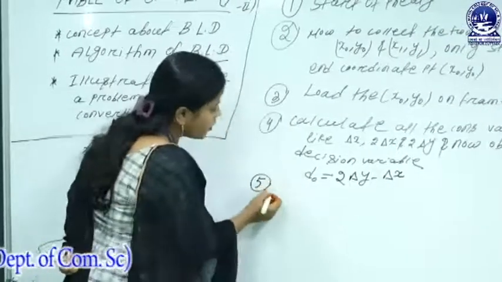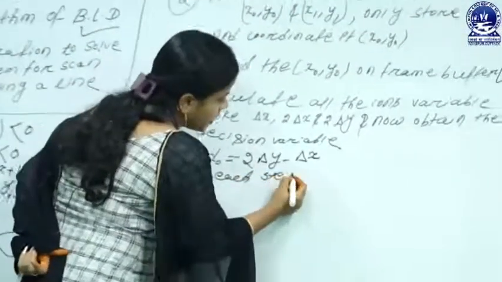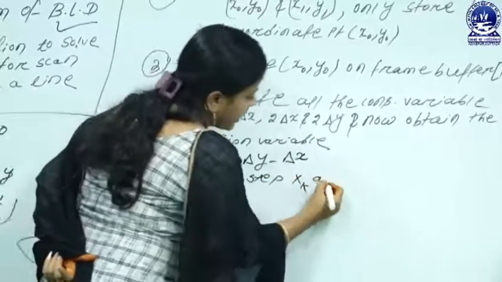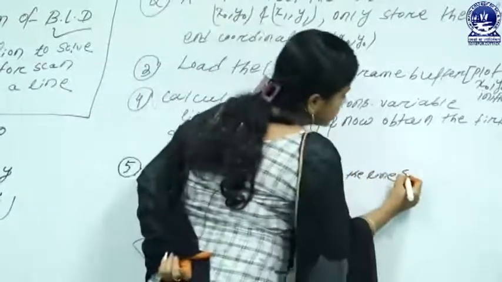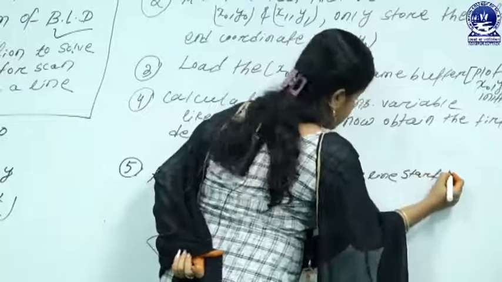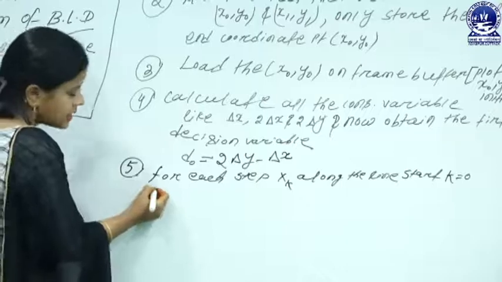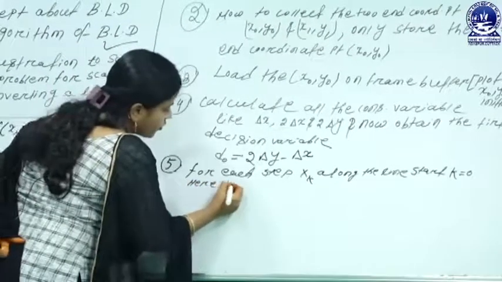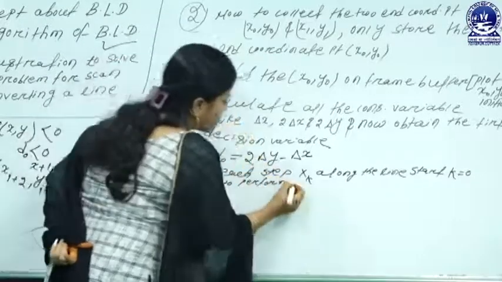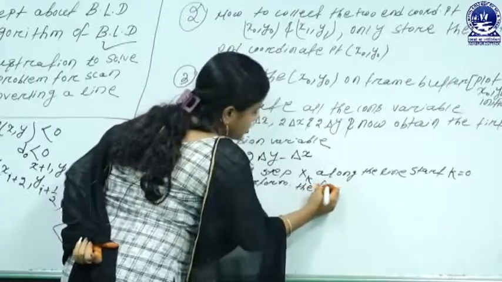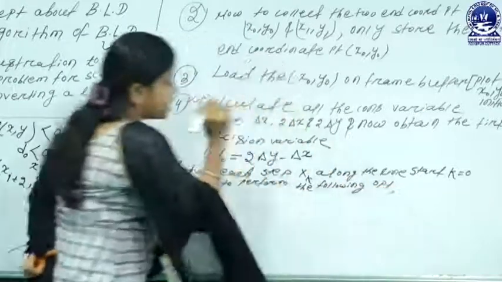Okay, in the next step we have to check, for each step xk along the line starting from k equal to 0, performing the following operations.